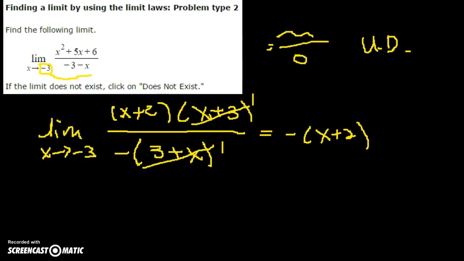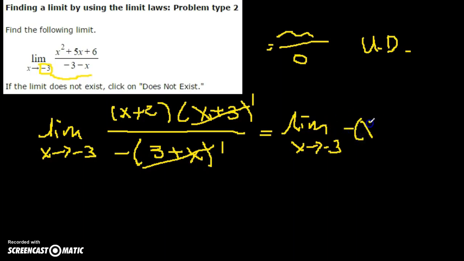Okay, so I need to write this properly. Now this becomes the limit as x approaches -3 of negative x plus 2.